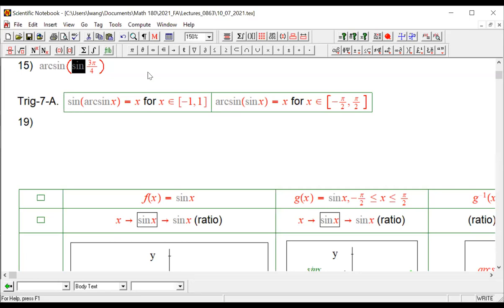Its domain is from negative infinity to positive infinity. Sine of 3 pi over 4 is perfectly defined. When not mentioned otherwise, the sine always refers to the sine with domain of all real numbers. So this sine of 3 pi over 4 is perfectly defined. Would it be square root 2 over 2? That's right. This property doesn't apply, because this sine is addressing this guy.